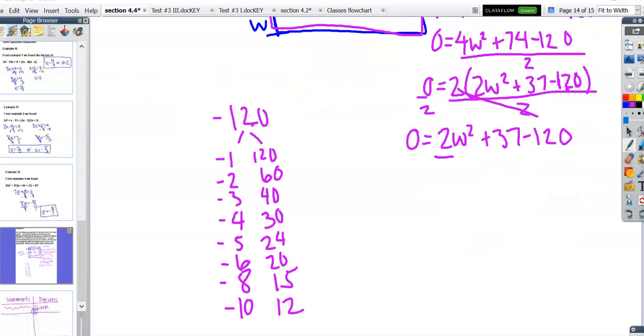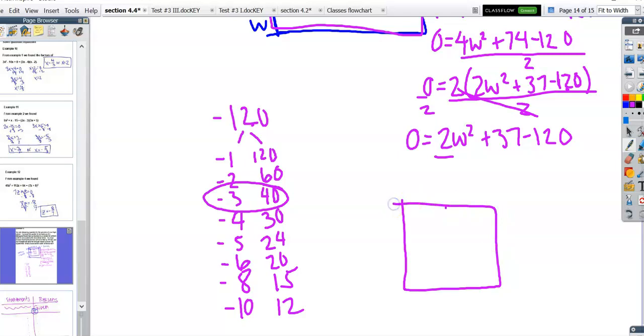The entire factor pair list is a really long list, but the one we care about is the one where we add together and it makes 37, which is here. So then we draw the box. 2w squared minus 3w plus 40w minus 120.